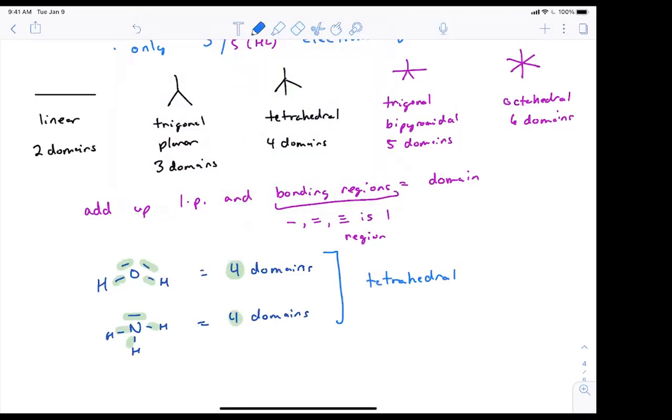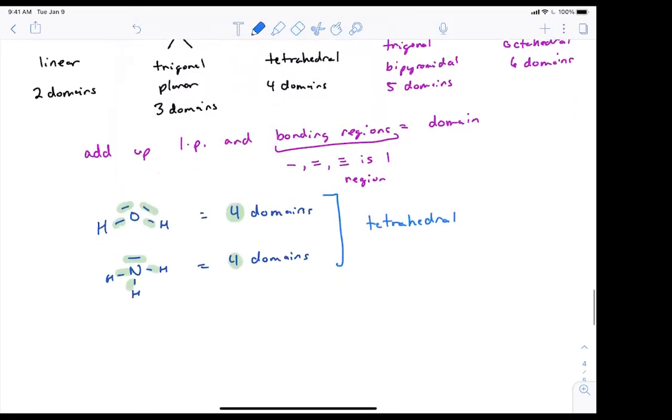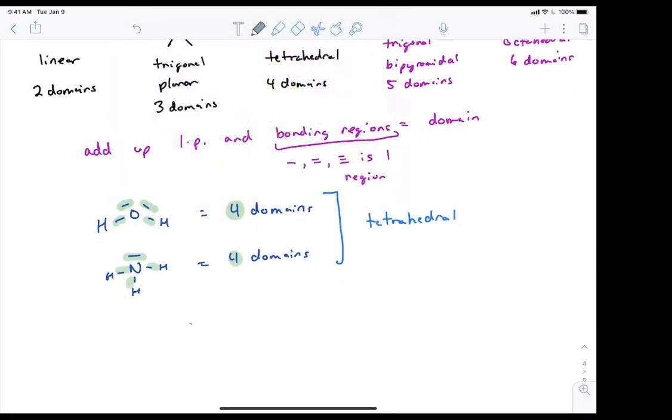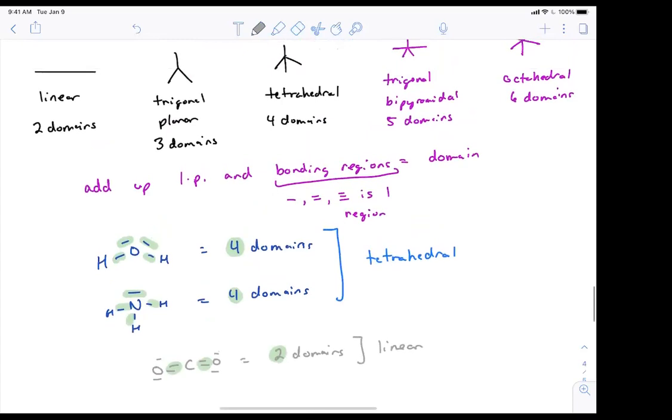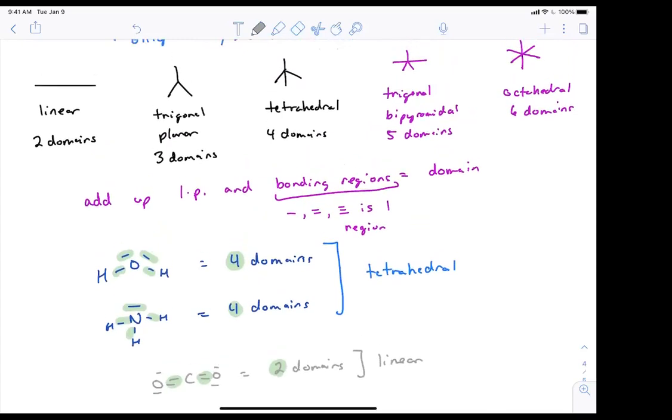Now, molecular geometry, that's a different story, but both of those are the same here. CO2 would have 2 domains, and we're only talking about the central atom here, so that's 1 domain, 2 domains. So that would be linear. Okay. Questions about that?